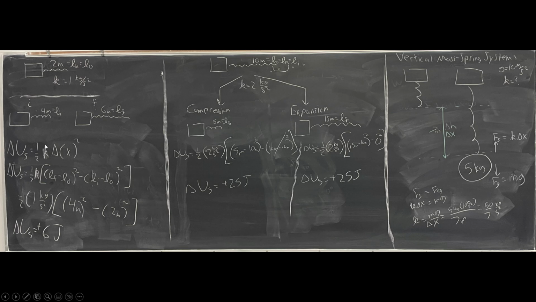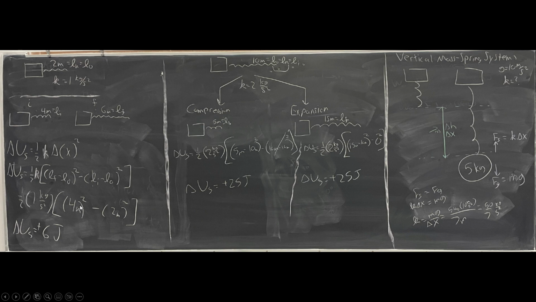Therefore, our change in spring potential energy is going to be 1/2 times our spring constant, 1 kilogram per second squared, times large parentheses, (4 meters) squared. This is because we have 6 meters minus 2 meters, or the final position minus the natural length.